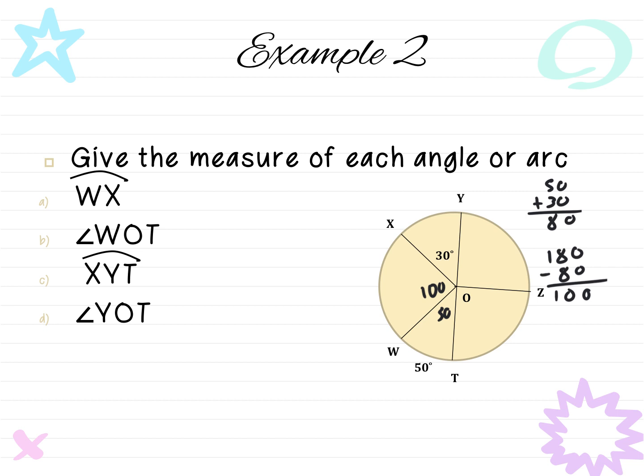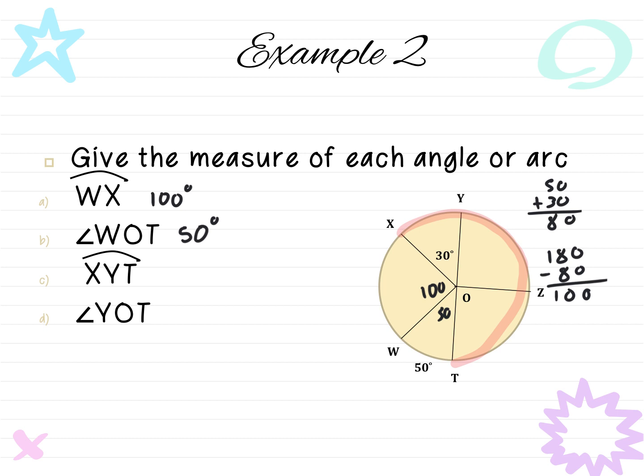Now, after I do that, I should be able to answer most of the questions. So WX, the arc, since it's the same as the central angle, it's going to be 100 degrees. Angle WOT, because it's the same as the arc, because that's a central angle, is going to be 50 degrees. Then we have XYT, which is X to Y to T, is this whole segment right here.